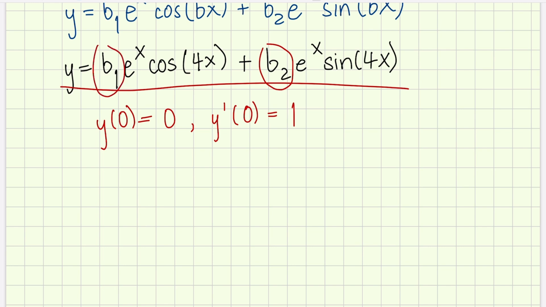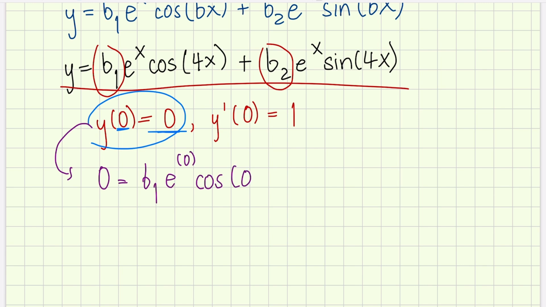Let's do that. So for our first condition here, everywhere I see x, I'm going to substitute 0, and then my y should also end up being 0. So for this one, I have 0 equals b1 e to the power 0 cosine 0 plus b2 e to the power 0 sine 0.